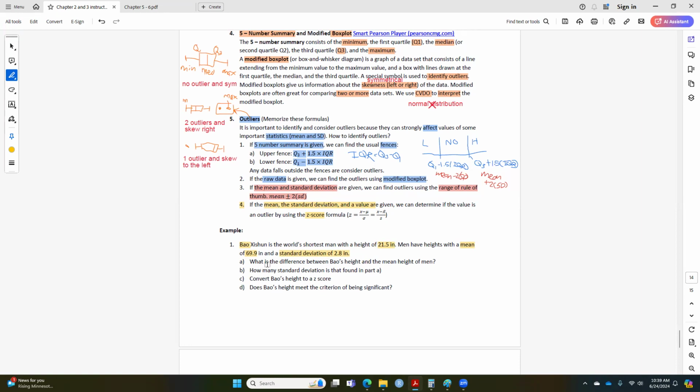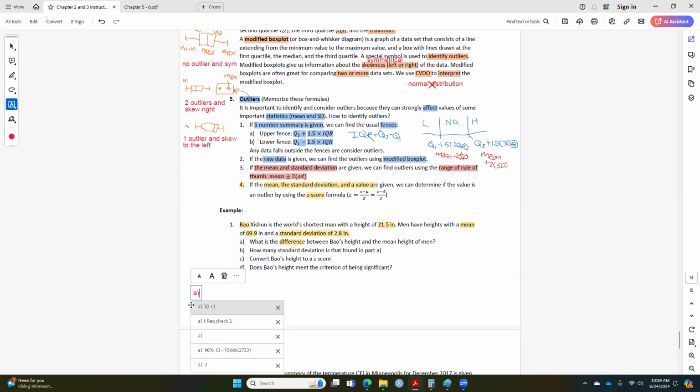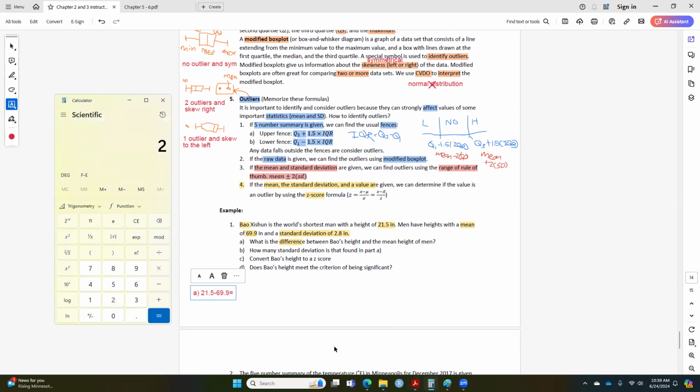So question A is asking us to find the difference between Bao's height and the mean height of men. If you want to find the difference, it means you have to subtract. So Bao's height is 21.5, and the mean height is 69.9. In this case, you have to subtract these two. Again, the calculator will help here.